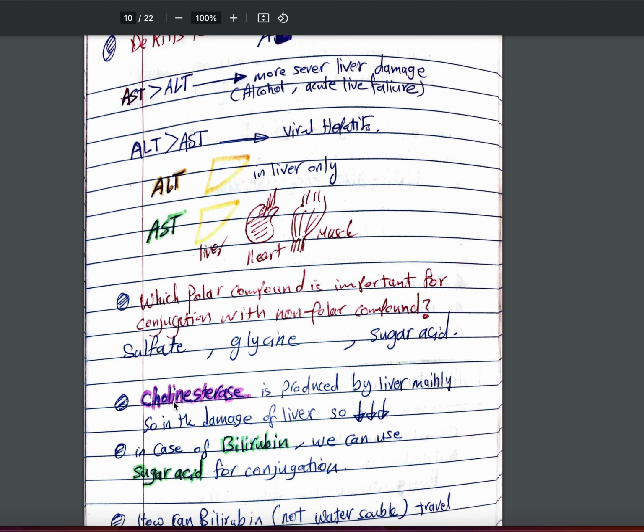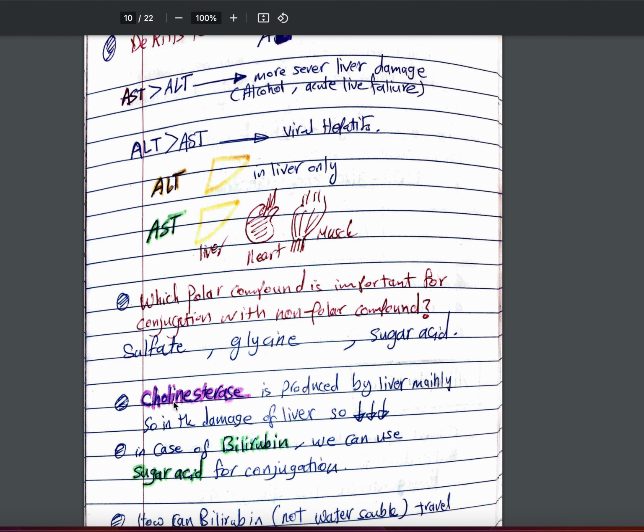Cholinesterase is produced mainly by the liver, and we have two types: the true and the pseudo. The true is present in the RBCs and also in the liver, but the pseudo is present in the plasma because it is produced in the liver and then goes to the plasma. So in liver damage, it will be decreased.